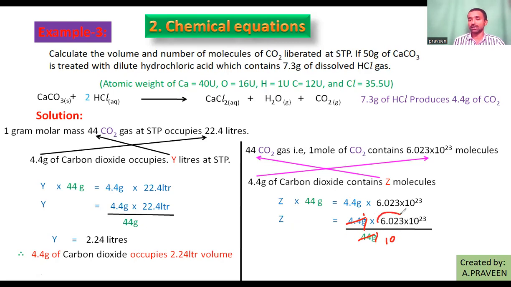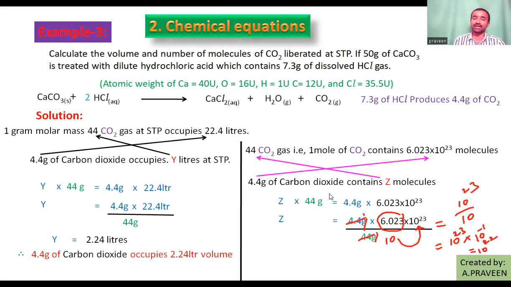Don't cut here. Directly cancel with the 10 power 23. So here 10 power 23 divided by 10, the 10 taken into the numerator will be written as 10 power minus 1. 10 power 23 minus 1 will give you 22. So this you have to solve mathematically.